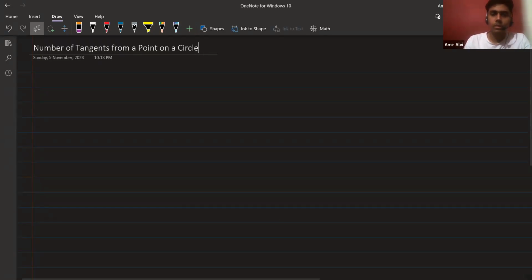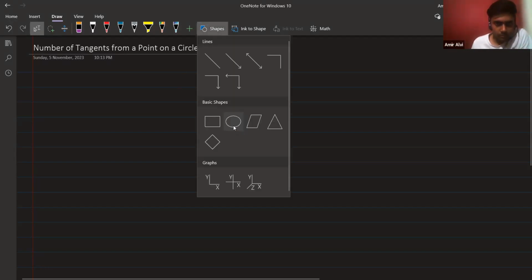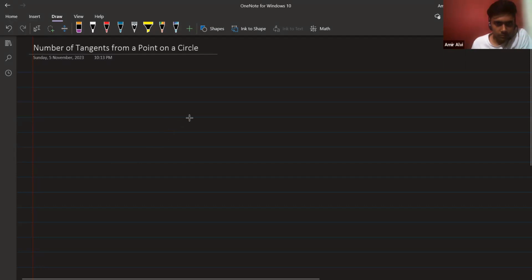Okay, clear, everybody? How many tangents can be drawn from a point to a circle? This is a theorem. Suppose I have one point.